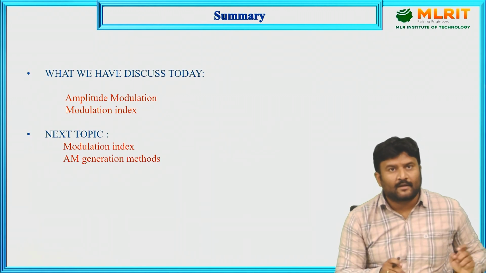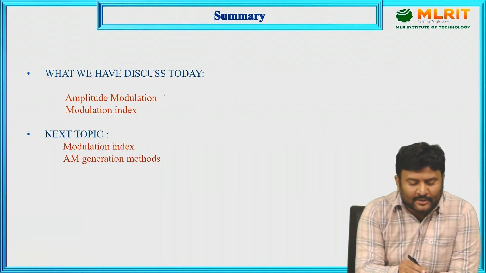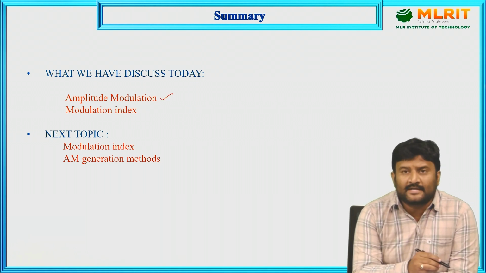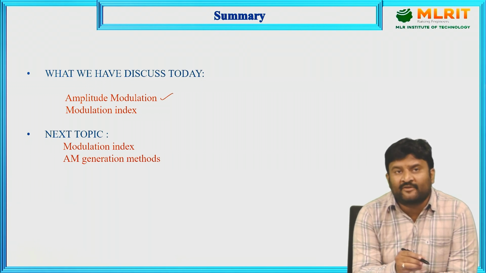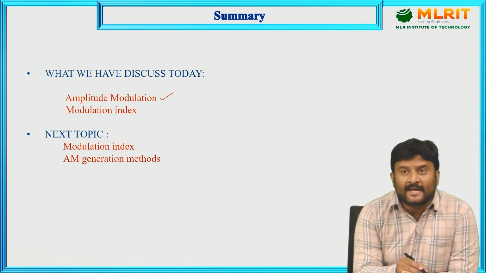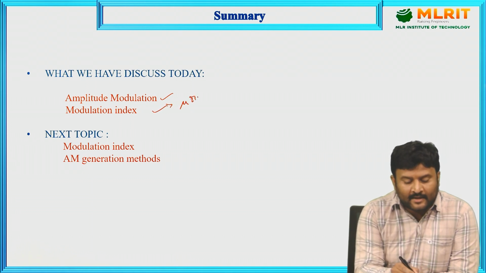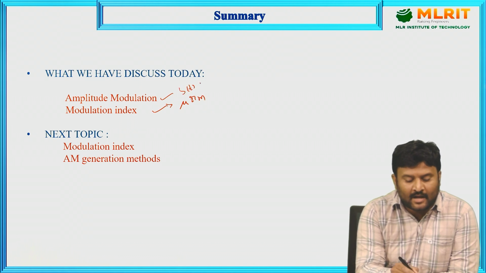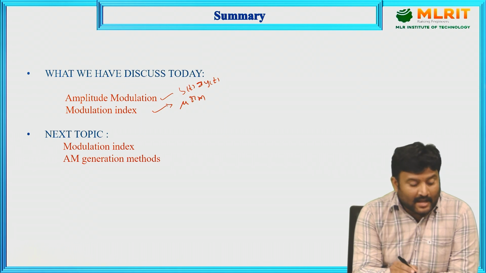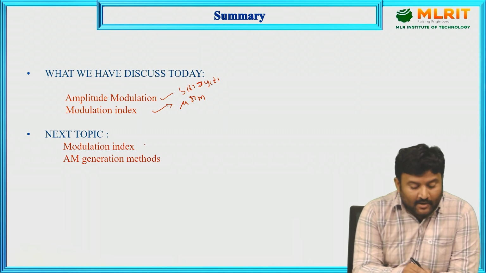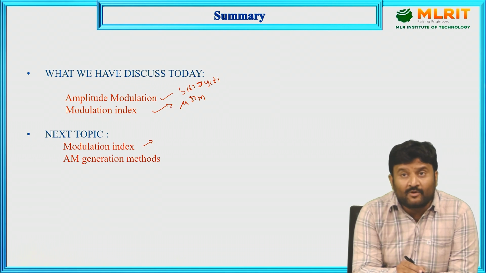Then, what topics were covered in today's lecture? What is amplitude modulation? We discussed amplitude modulation, nothing but the standard AM wave. In the case of the standard AM wave, we observed the modulation index, nothing but mu or m, here s of t or y of t. We learned these two techniques, and in the next topic we covered the modulation index. Only the definition was covered.